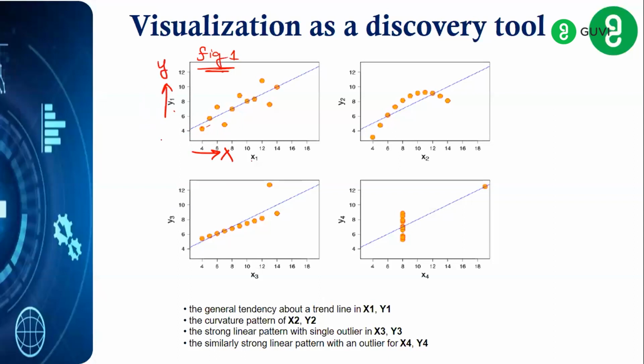I can simply state that it is a positive correlation. Can I state that it is positively correlated? Yes. If x values are increased, y values also move towards positive. It's a positive correlation, right?